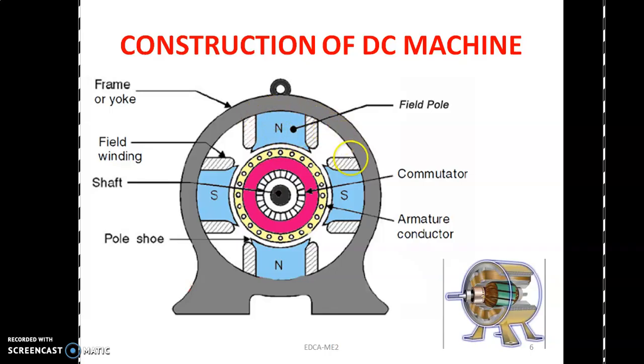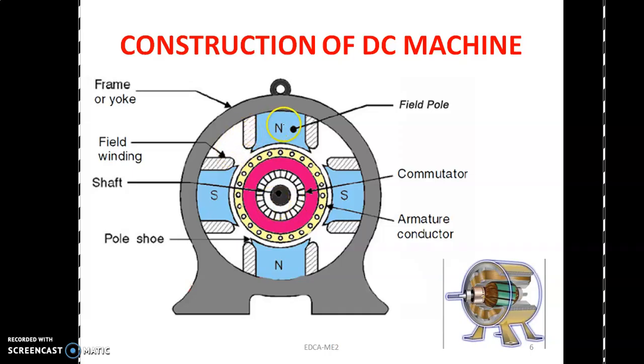In DC machines, the field system is the stationary part, and the conductor rotates. So mainly two parts are there: a stator, the stationary part, and a rotor, the rotating part.